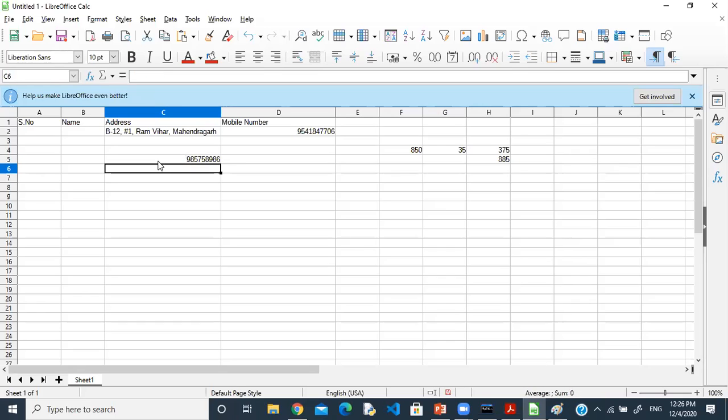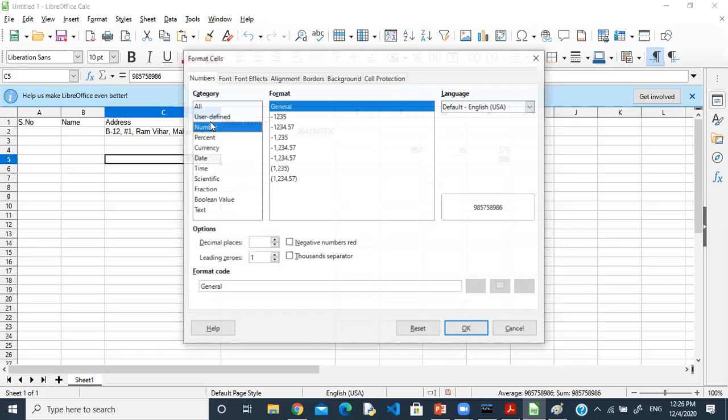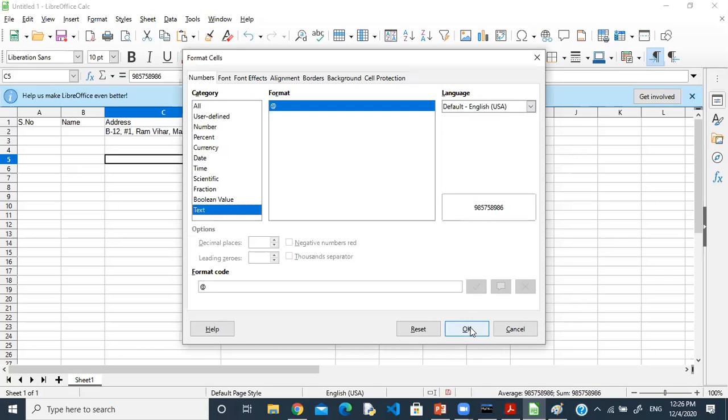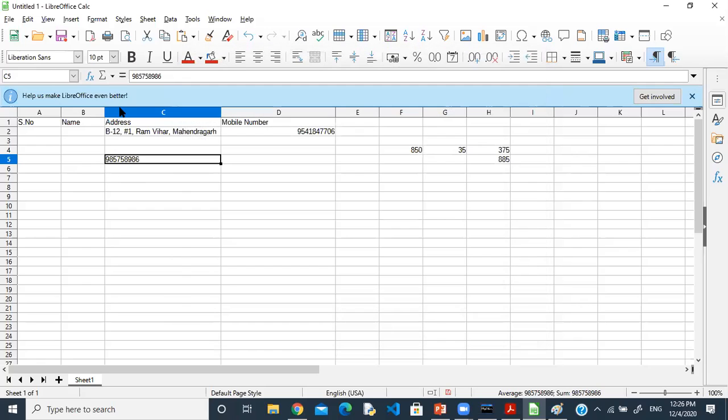So if you want to keep the zero, we have to change the properties of the format cell. Right click, come here, and make it text, then click OK. Then it becomes left aligned, and after making it text, we are able to show the 0 here.